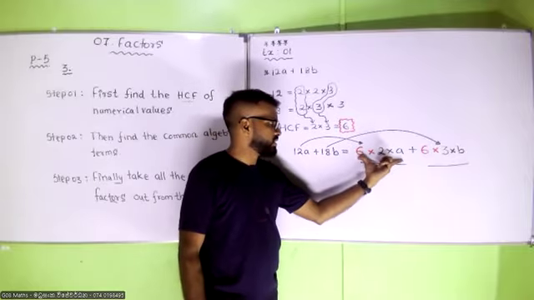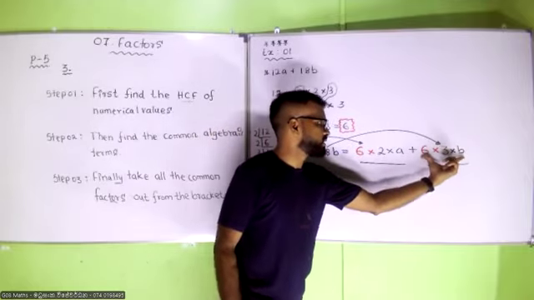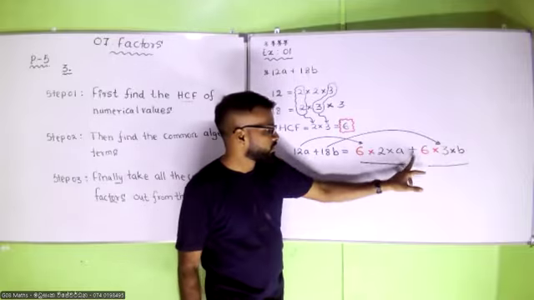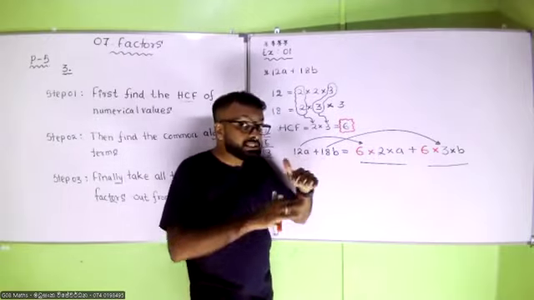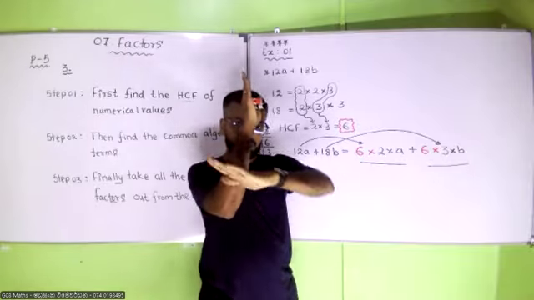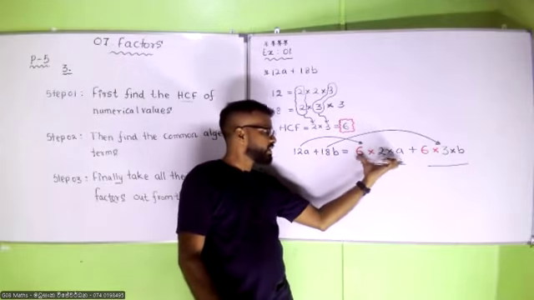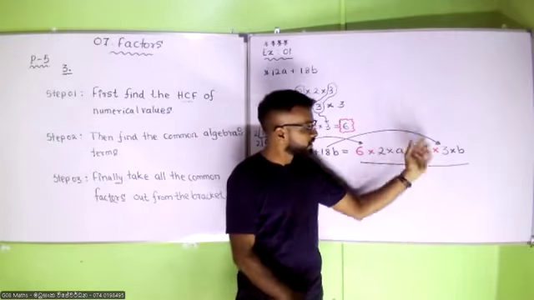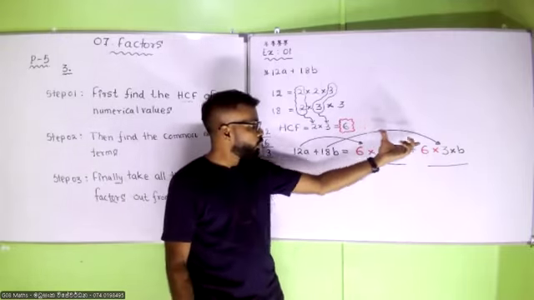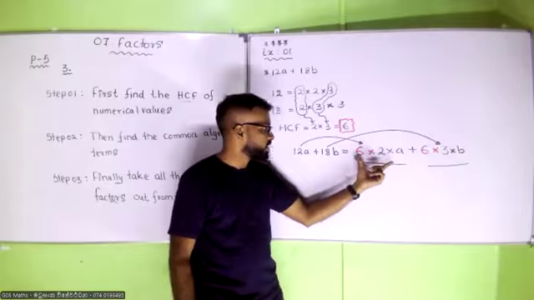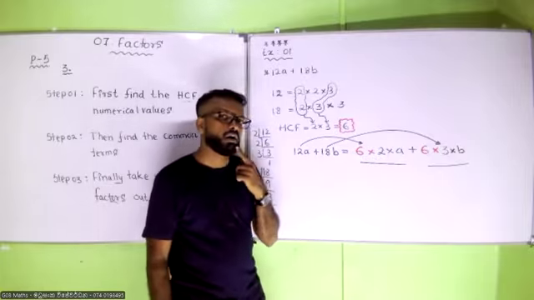This is one single term, and this is another single term. These two terms have been separated by the plus sign. Left hand side, a single term, right hand side, a single term. So for both of these terms, 6 is common.